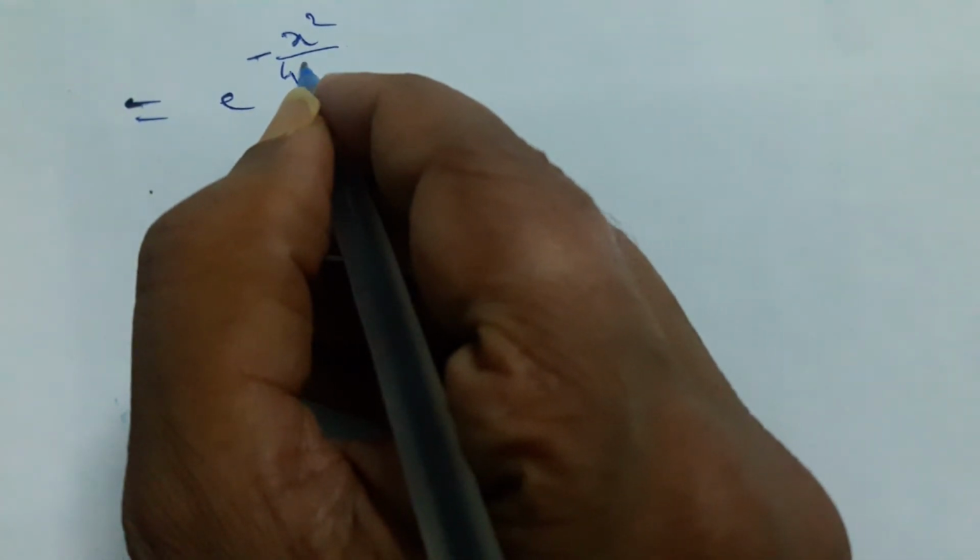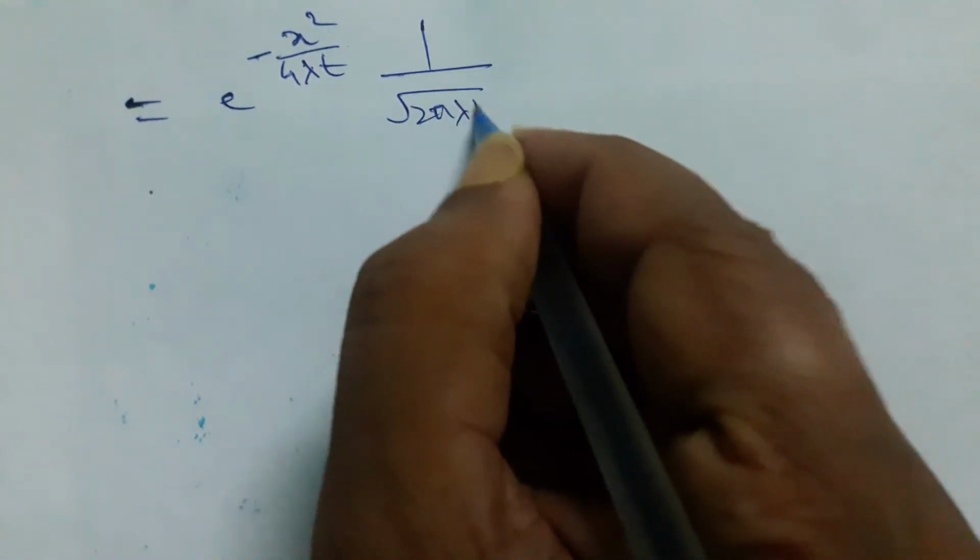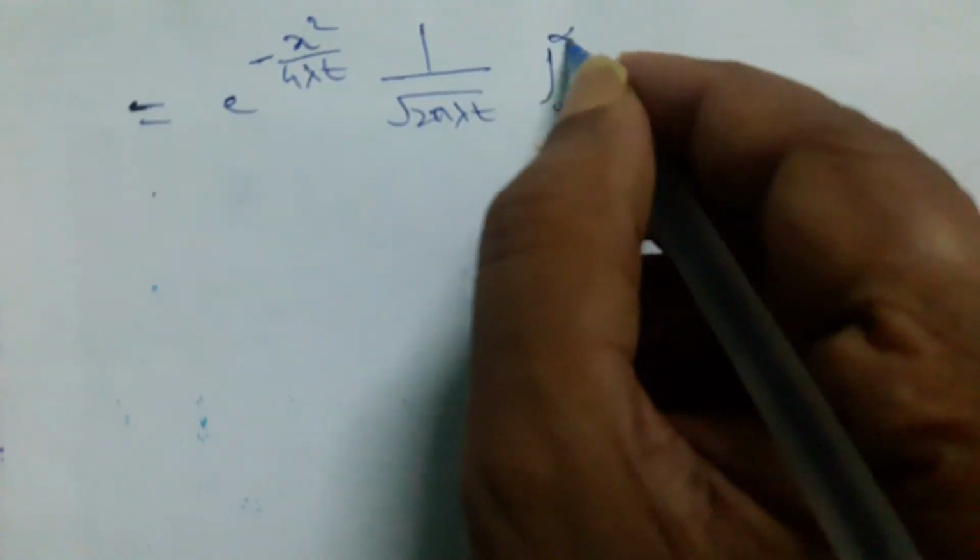This is equal to e to the power minus x square by 4 lambda t, 1 by 2 pi lambda t, integral from 0 to infinity.